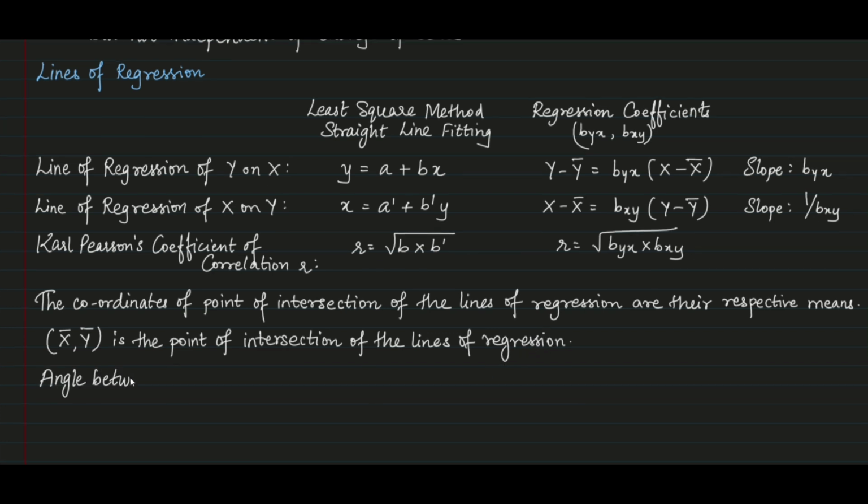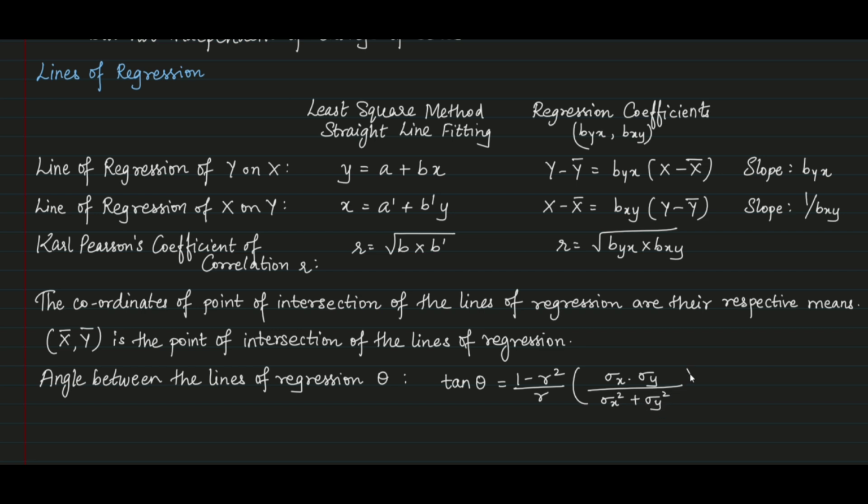The angle between the lines of regression, represented by theta, is calculated using the formula tan theta is equal to 1 minus r square the whole by r times sigma x into sigma y the whole upon sigma square x plus sigma square y.